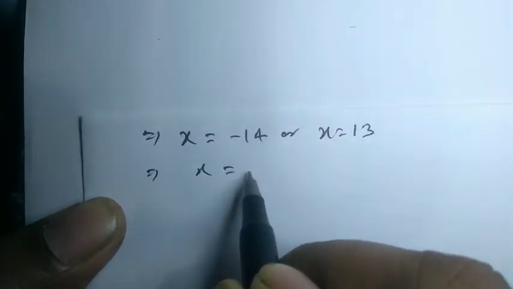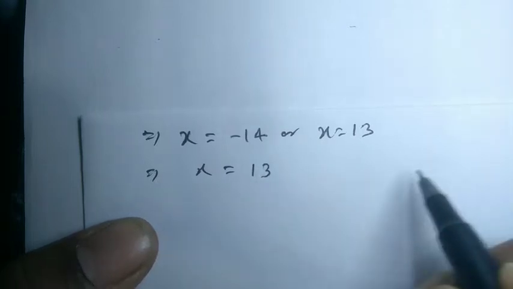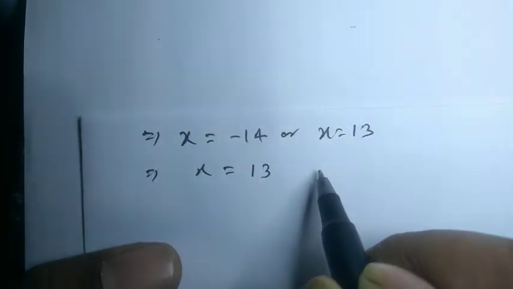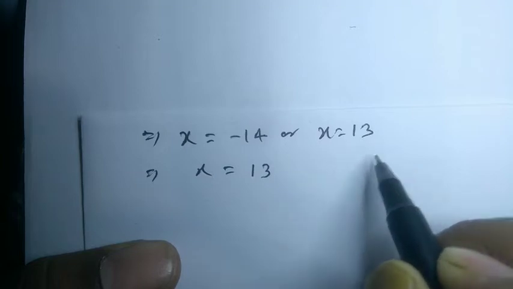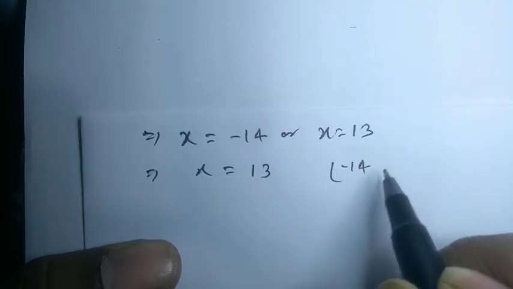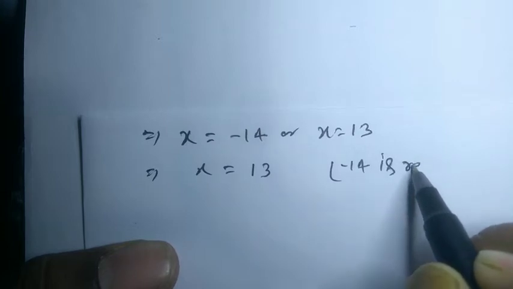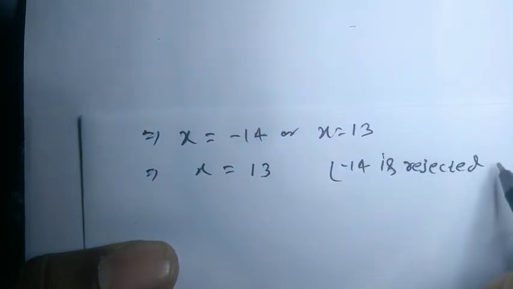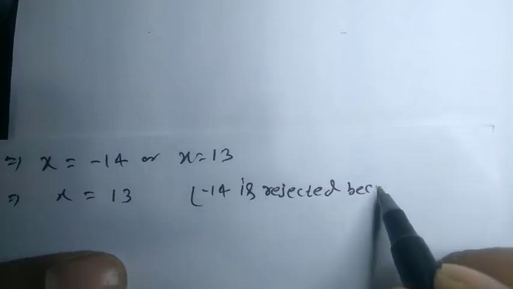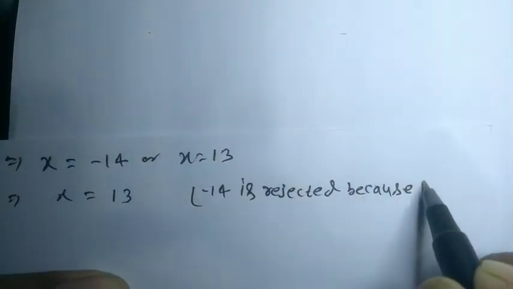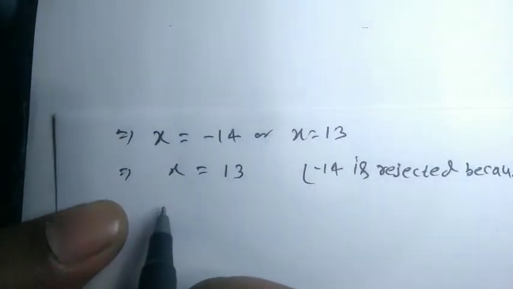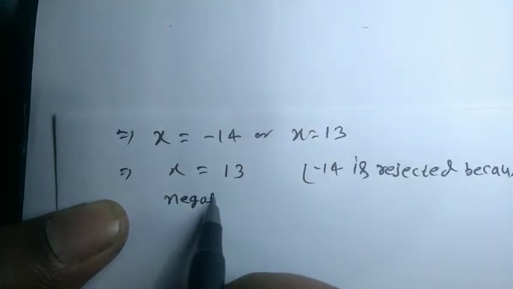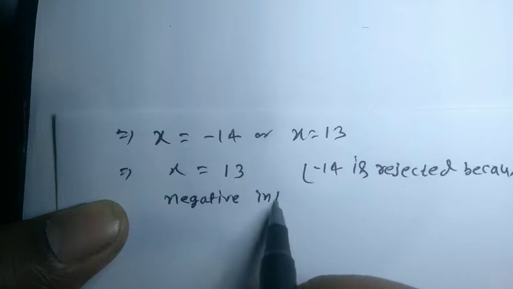Implies x is equal to 13. We write here, minus 14 is rejected because it is a negative integer.